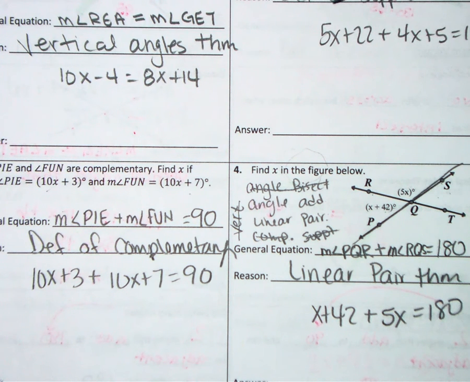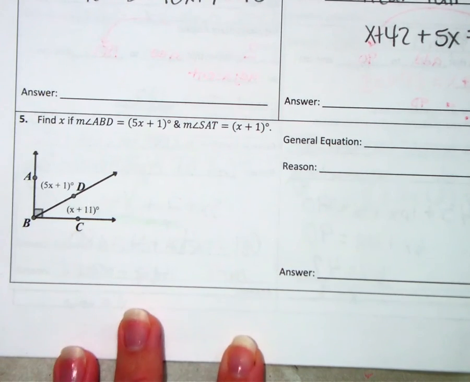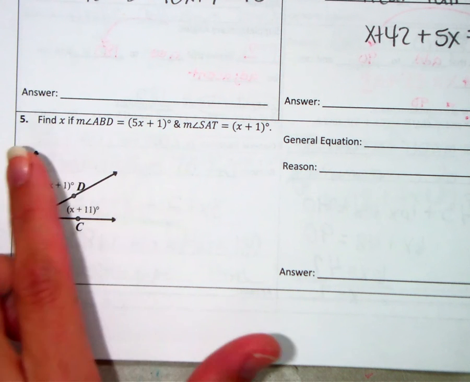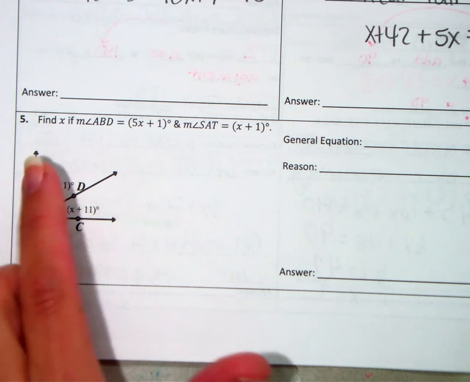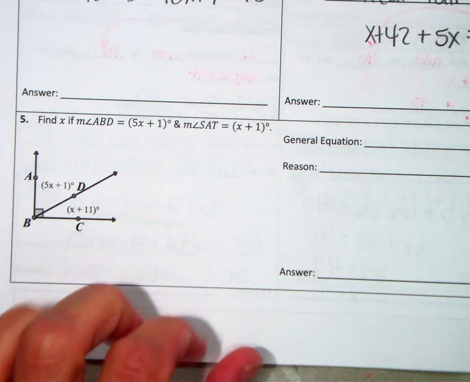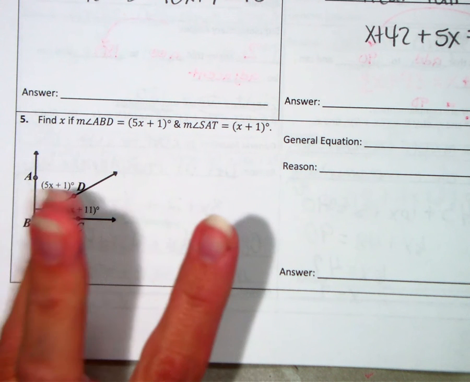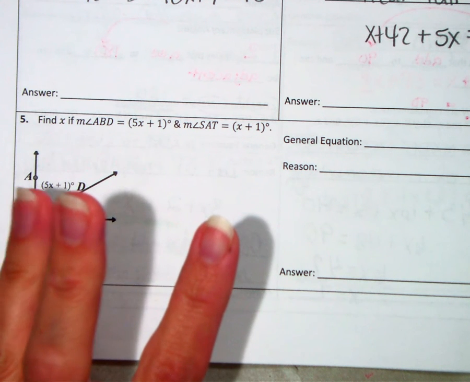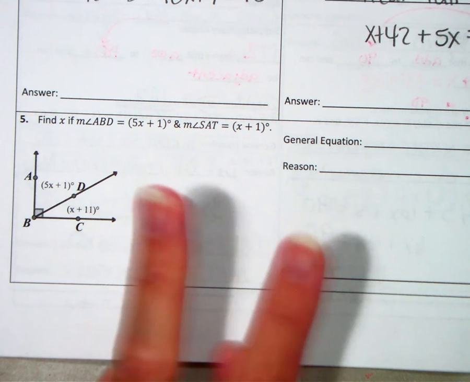Now going down to the 5th one, again, we can cross out all of those same things that we crossed out before. There's no complementary, there's no supplementary, there's no bisects, so those are all out. So those are the first 3. The second 3 would be vertical, which these are not across from each other, so it's not vertical.